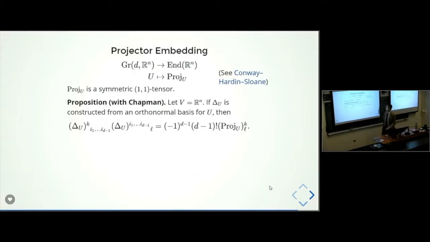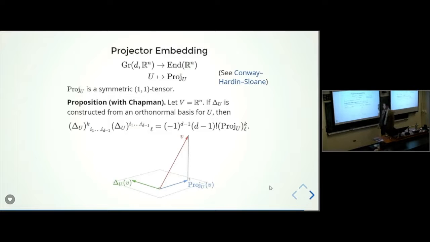What I really mean by that is I think of this d-tensor as a (d minus 1, 1) tensor, and in the other way as a (1, d minus 1) tensor. I contract out all the stuff in the middle, and that gives me a (1,1) tensor, and up to this factor, which you can easily understand, you get this projection operator.